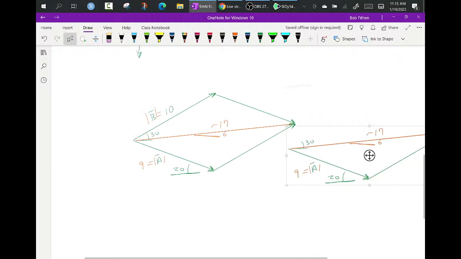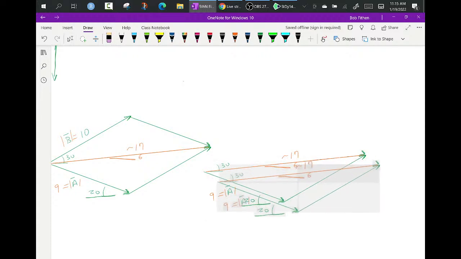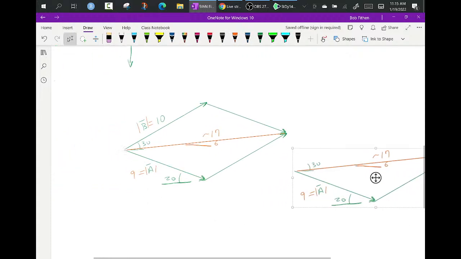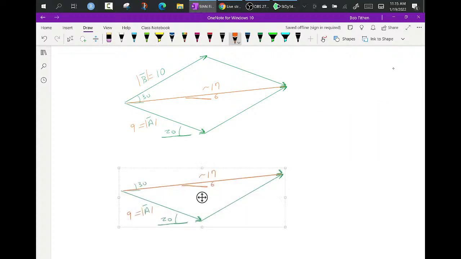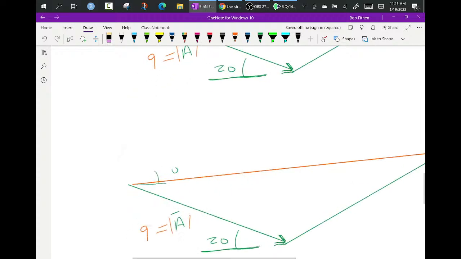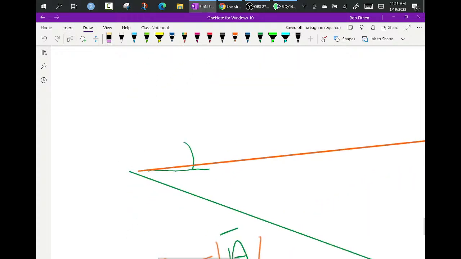I'll move the screen over and operate right down below it. I'm going to take off this information. I'm not supposed to know those yet.